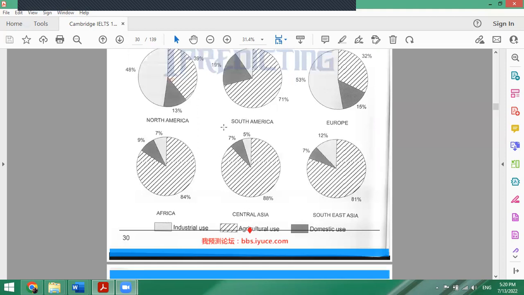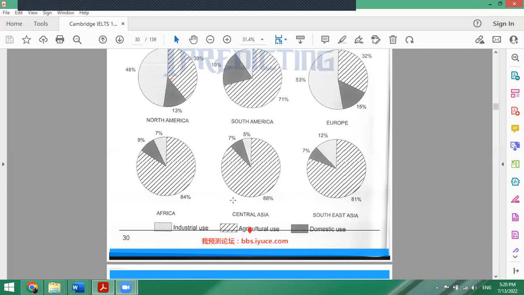And then you start comparing. You start your paragraph by making it clear it's going to be about agricultural use, and you write how much water every region uses for agriculture, by noting the main features and by comparing.